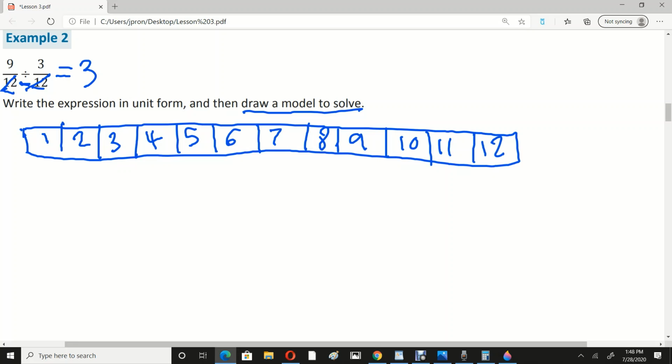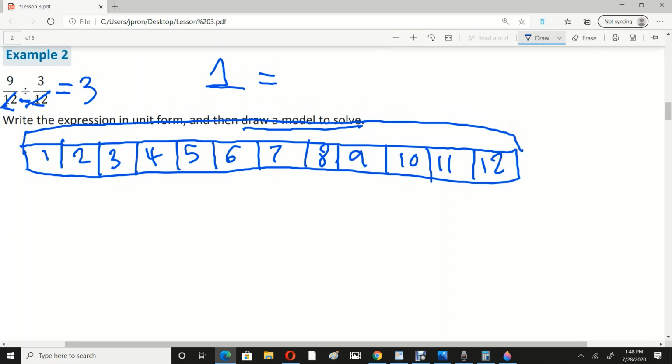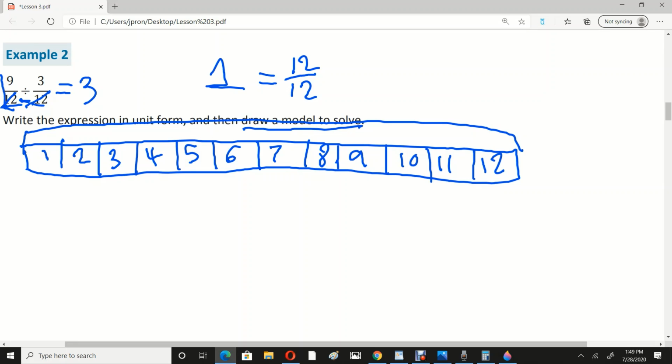So again, the whole stick represents one whole, or 12 twelfths, right? 12 parts, 12 pieces, one whole, okay? All right, but we need the dividend. We only need 9 twelfths of this. So just to illustrate, this portion right here is going to be 9 twelfths.